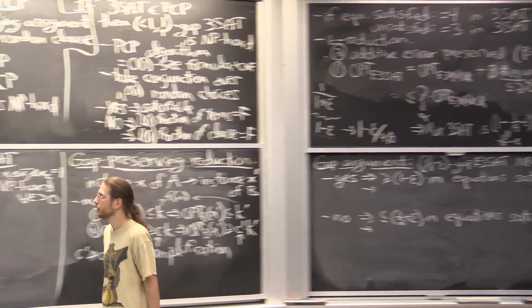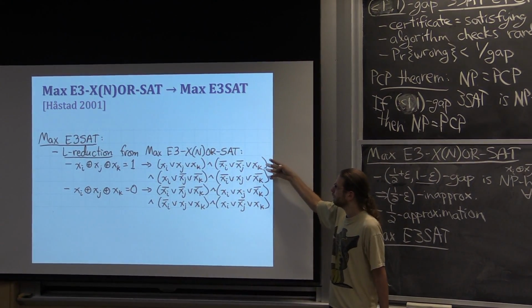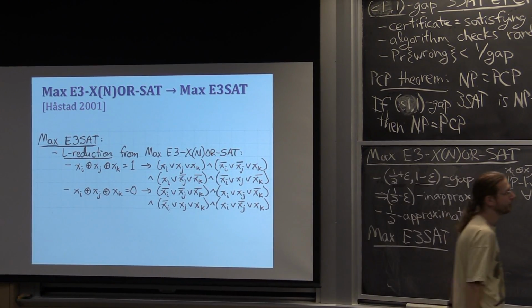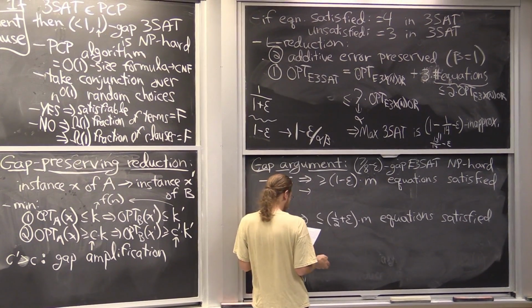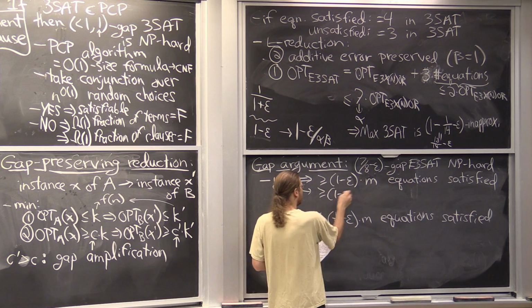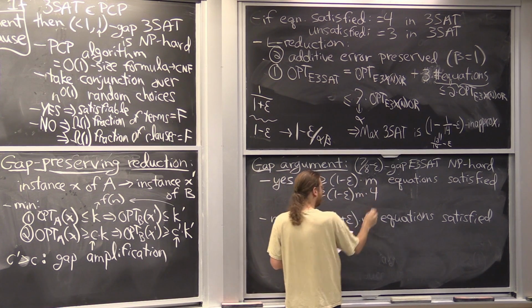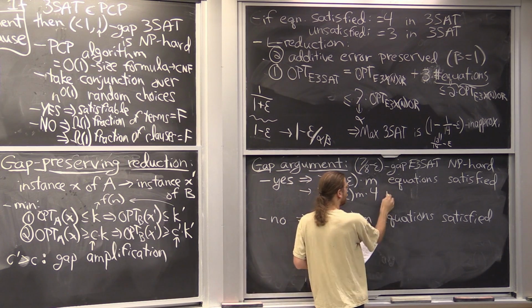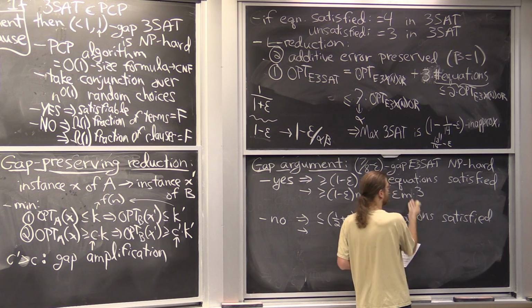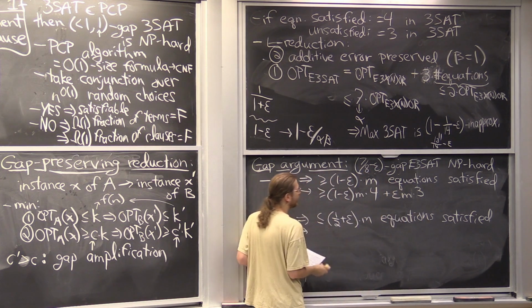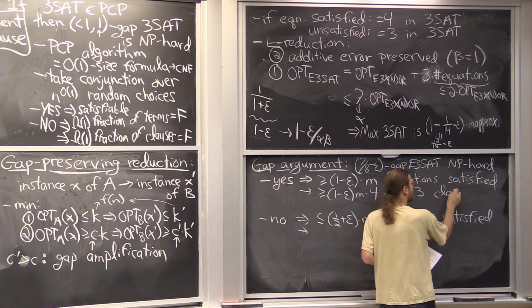So in the yes instance, we get all 4 of those things being satisfied. So that means we're going to have at least 1 minus epsilon times m times 4 clauses satisfied. We'll also have epsilon m times 3. Those are the unsatisfied. And maybe some of them are actually satisfied, but this is a lower bound on how many clauses we get.